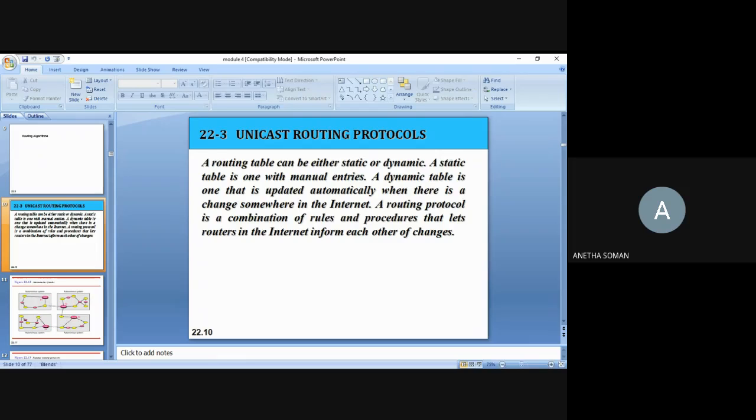Now, how to identify? One approach is you have to assign a cost for passing through a network. The cost is called a metric. Whatever cost is assigned to each network depends upon the routing protocol.